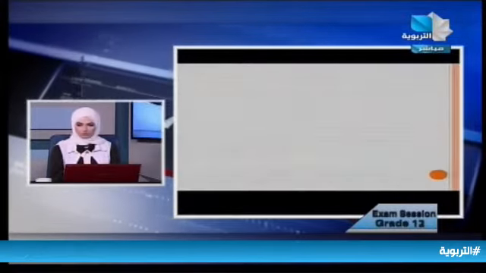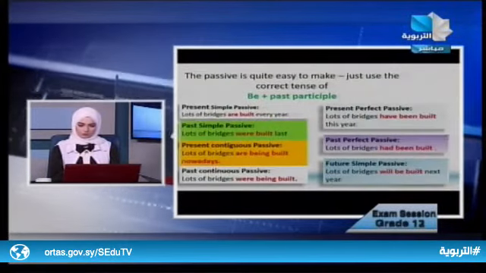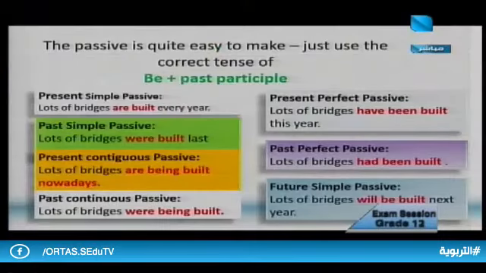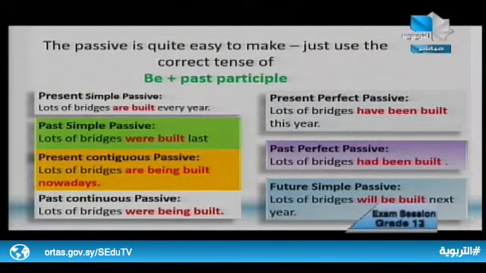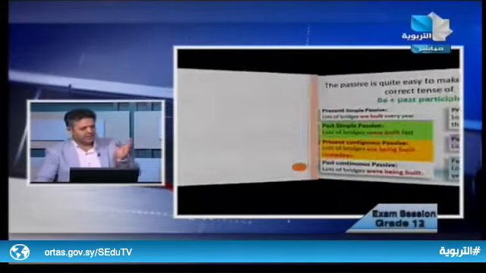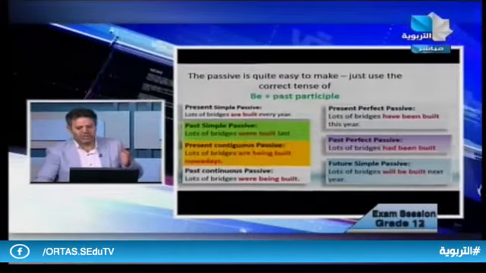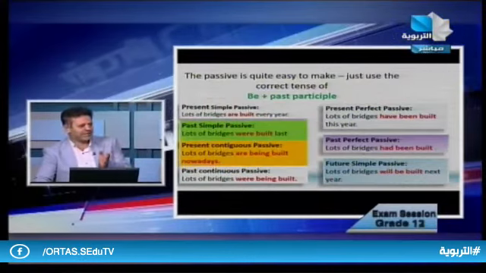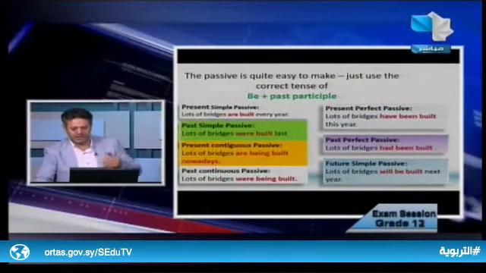The present perfect passive: the active is they have built a lot of bridges, and this is the passive, lots of bridges have been built. So students should notice that we have a specific rule for the passive: the object plus be, according to the original sentence, and the past participle, which is verb 3.